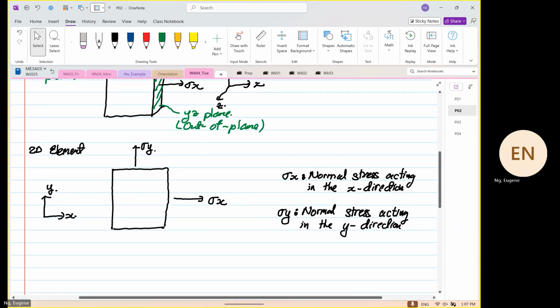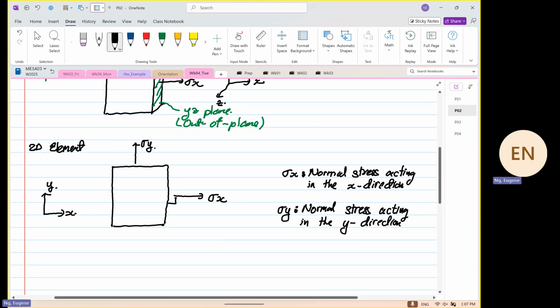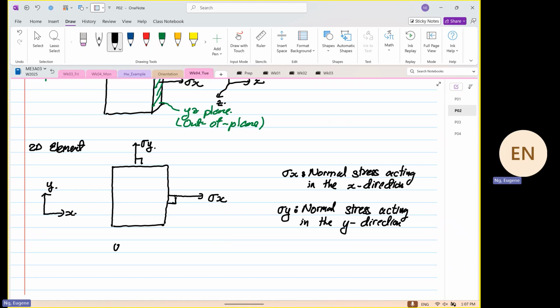So you know that this is 90 degrees. That's why it's normal. This is also 90 degrees. And from here, because the stresses are pulling away from the surface, stress X and stress Y are both positive. Positive denotes tensile.